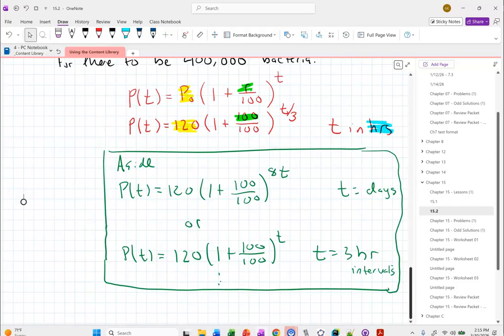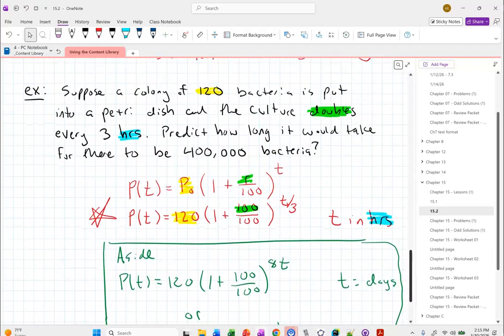Let's say for the sake of argument, we're just going to use this equation. Because there's a second piece to it: 400,000. The first part of this gave us the information to build the equation. The second part then is saying, use your equation to find how long, that's solve for t, would it take for there to be 400,000 bacteria.